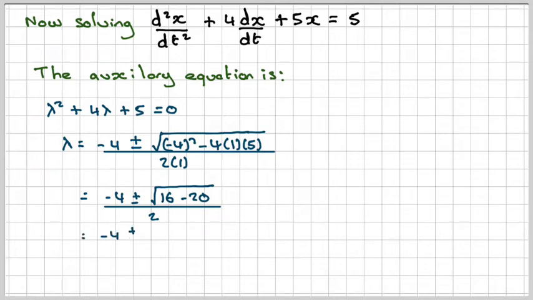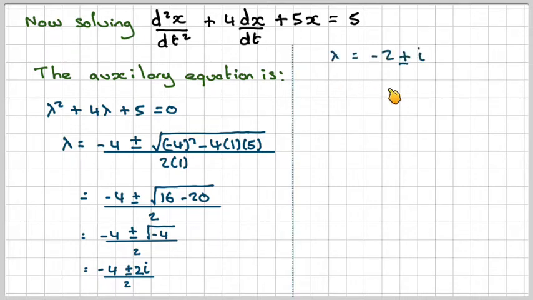So it means we're going to get complex roots. It's going to be minus 4 plus or minus the square root of minus 4, over 2, which is minus 4 plus or minus 2i over 2. So that will give me lambda is minus 2 plus or minus i.